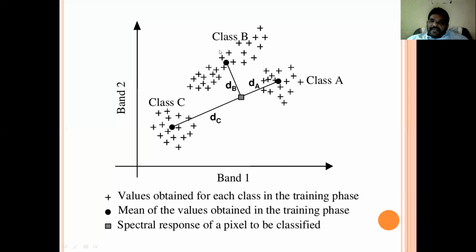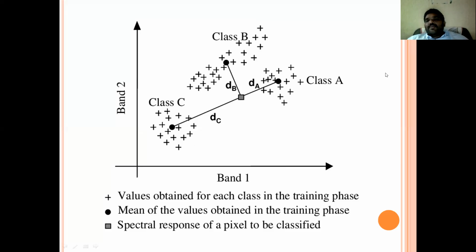After measuring the distances, the pixel is assigned to the class with the shortest distance. If it is near to class A, it is called class A. If it is very near to class B, it is classed as class B. If it is near to class C, it is called class C.